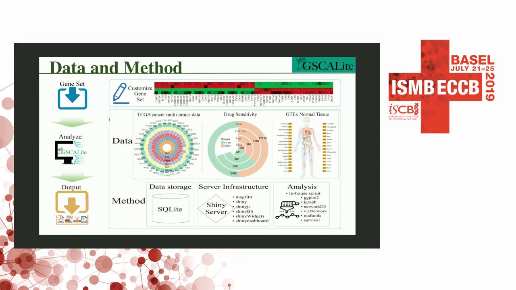Our platform covered data mainly from 3 resources, including TCGA cancer multi-omic data, and drug sensitivity data, and GTEx normal expression data. This data is stored in SQLite and analyzed in R language and displayed on our web server, written in Shiny.